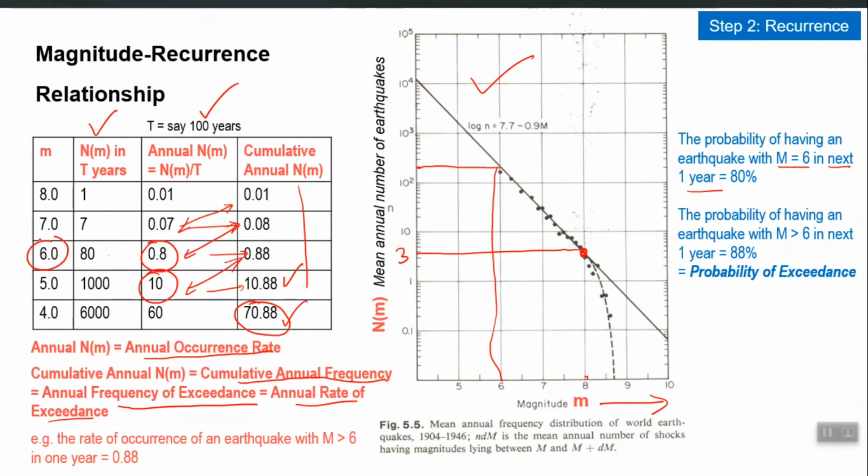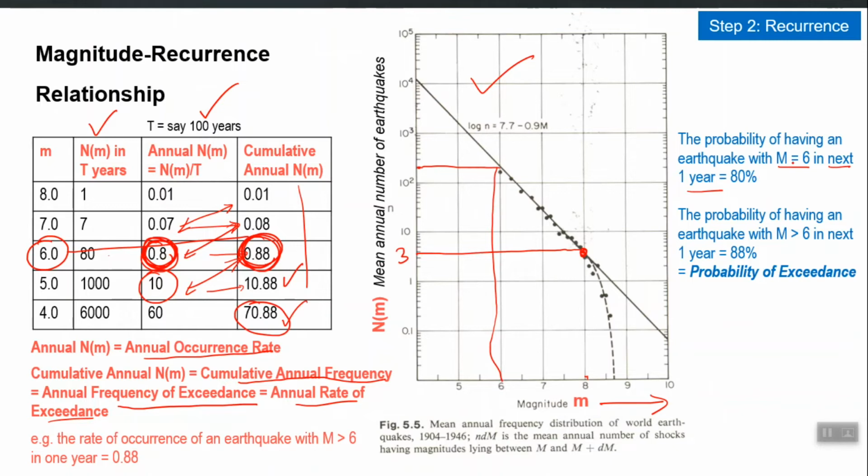For magnitude 6, the number is 0.88, which means that the possibility of having, in any one future year, a magnitude 6 or more than 6 is 0.88 or 88%, right. But this number is telling you 6 and above.